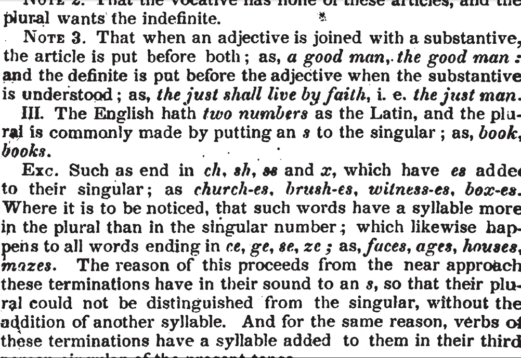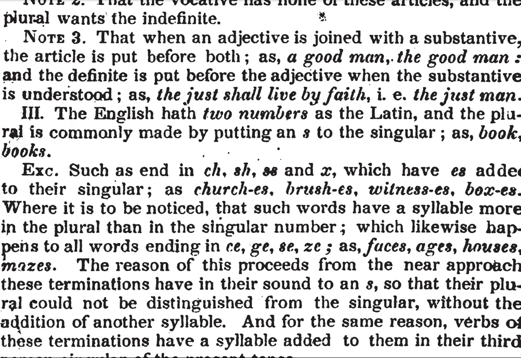Where it is to be noticed that such words have a syllable more in the plural than in the singular number, which likewise happens to all words ending in k, g, s, and z, as in faces, ages, houses, mazes.